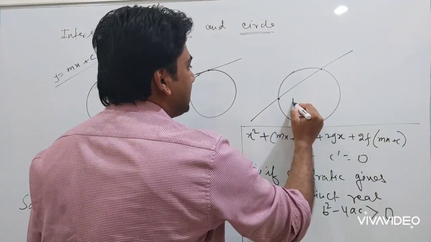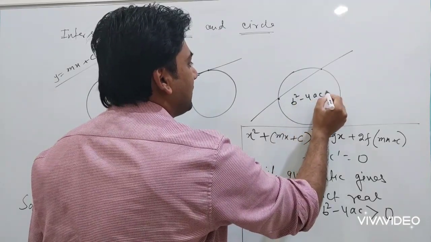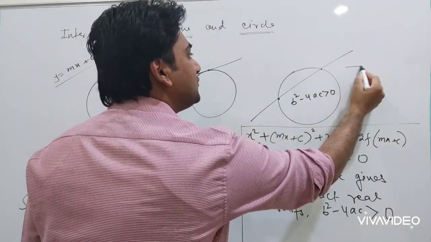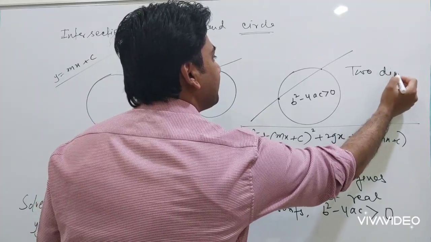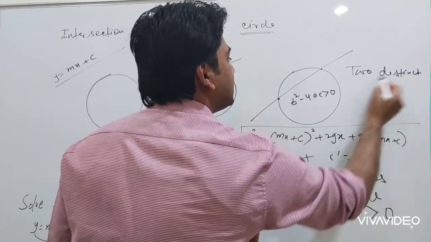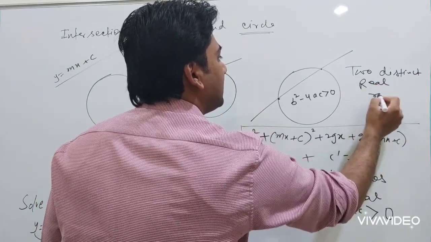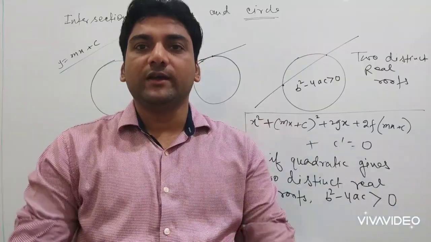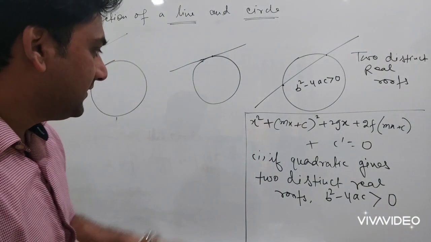So we can write the condition here: b square minus 4ac greater than 0, and two distinct real roots we got.